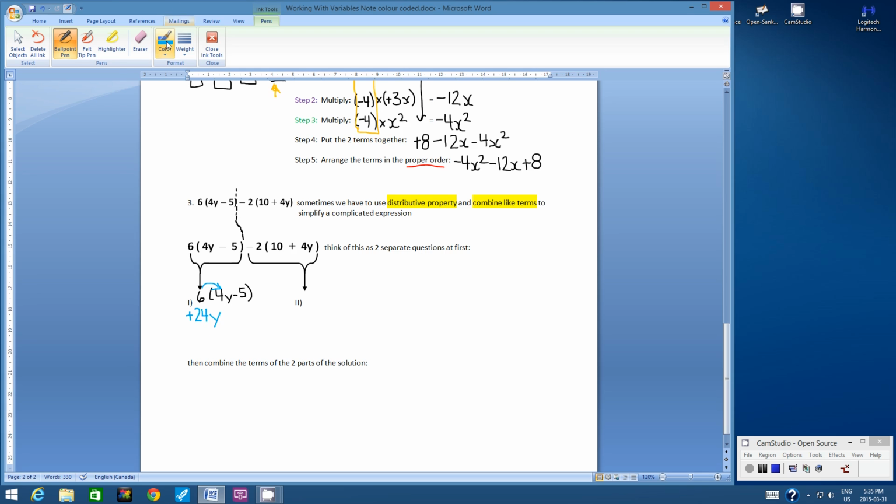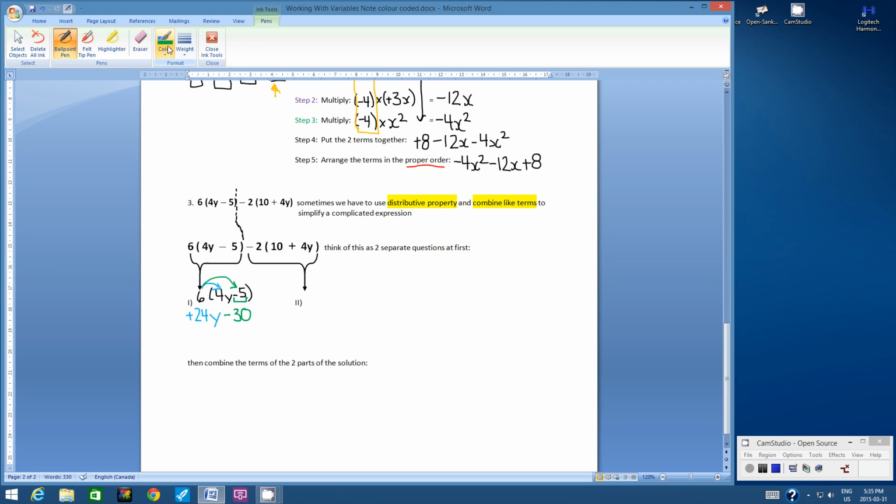All right, step 2, I multiply what's on the outside with the second term. The second term is negative 5. Now remember, this negative is attached to the 5. What's 6 times negative 5? Well, positive times a negative is negative, and 6 times 5 is 30. So for this part, we ended up with 24y minus 30.